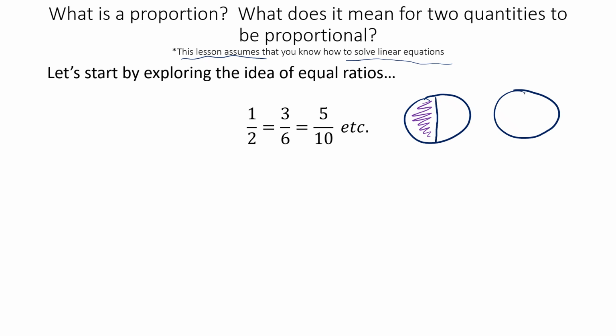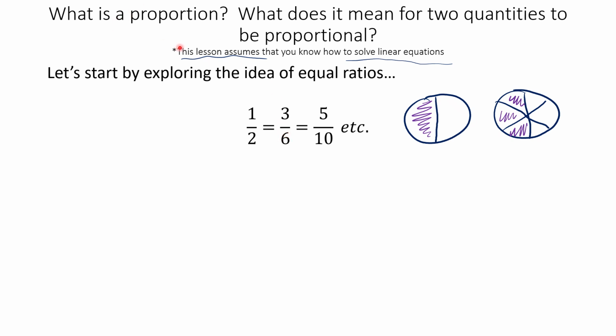If I take another pizza and I divide it into 6 equal pieces, okay, and I take 3 of them, when we say we have equal ratios, what we mean is that in both of these scenarios, we have the same amount of pizza, okay? Half of a pizza and 3/6 of a pizza would be the same total area of pizzas there. And that's what equal ratios are.